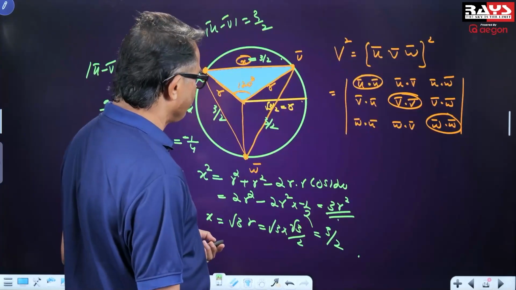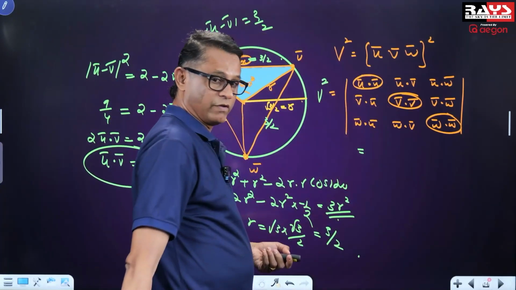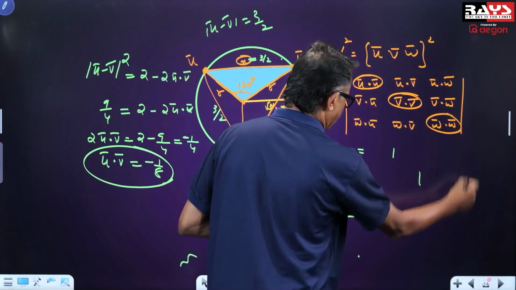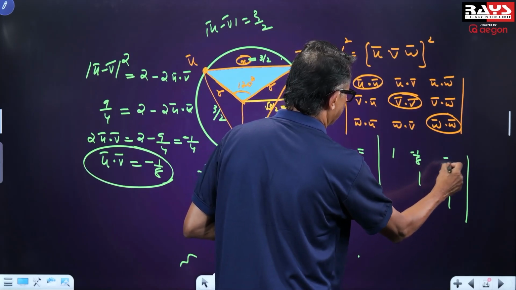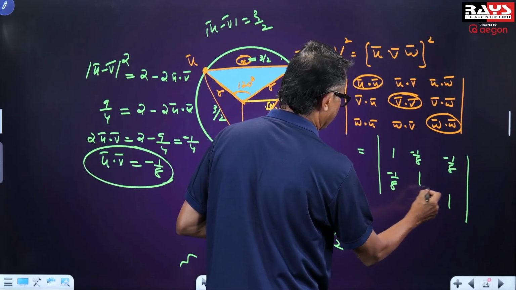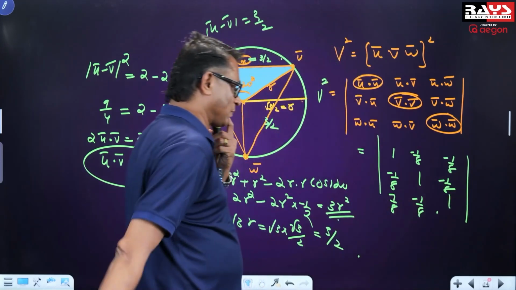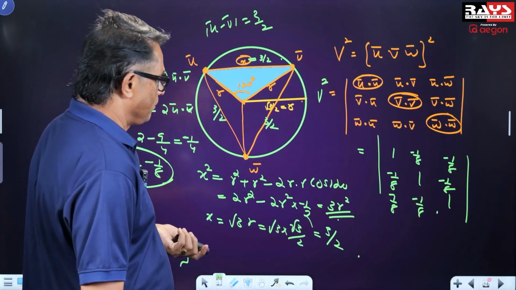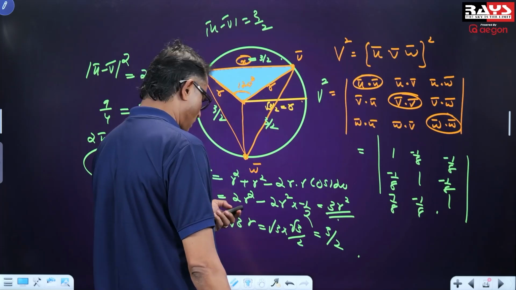Now let us come to this. This is volume V square. Don't forget, it is a matrix with 1, 1, 1 on the diagonal and all the remaining entries minus 1 by 8. Now you can take minus 1 by 8 from each column outside.